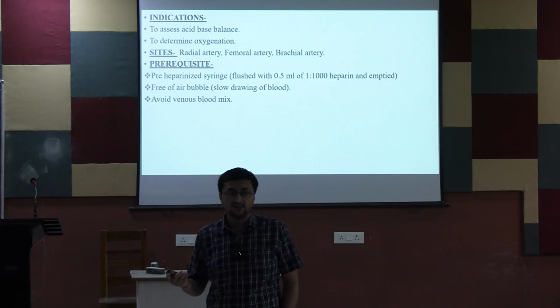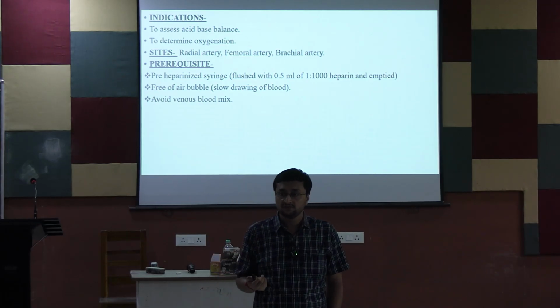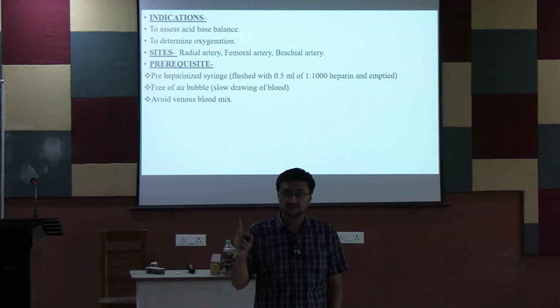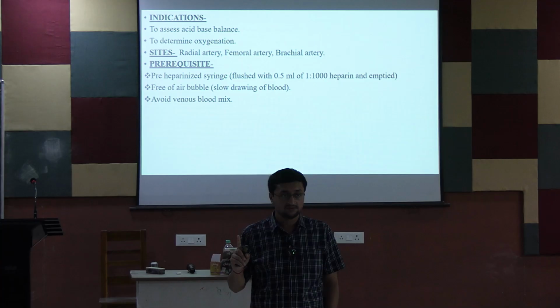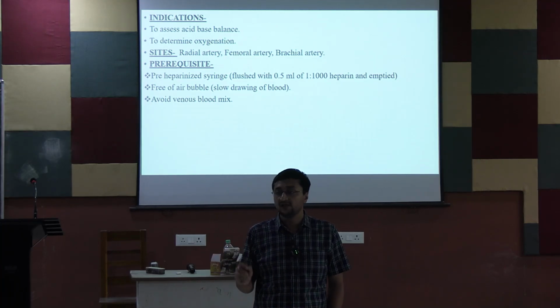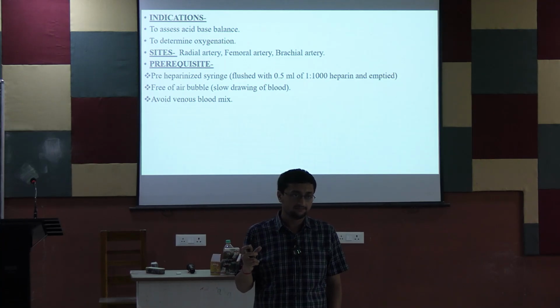Next one is definitely to avoid venous mixture. How will you assess whether this is arterial blood or venous blood? First, look at the color of the blood. The color of arterial blood is bright red, whereas venous blood is dark red, right?